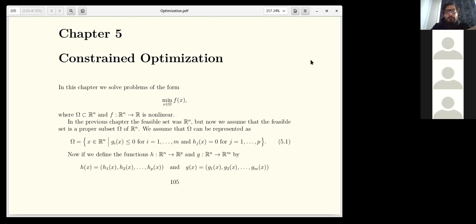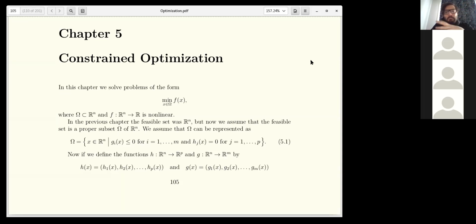In 5.1, our feasible set is represented by these functions as follows. We have a set of m functions, where g_i of x is smaller than or equal to 0.